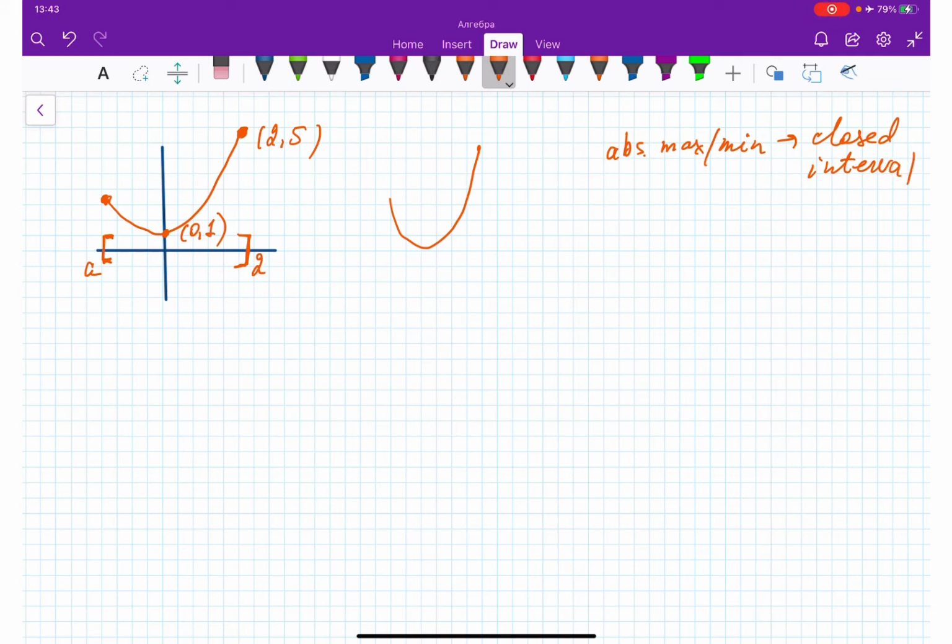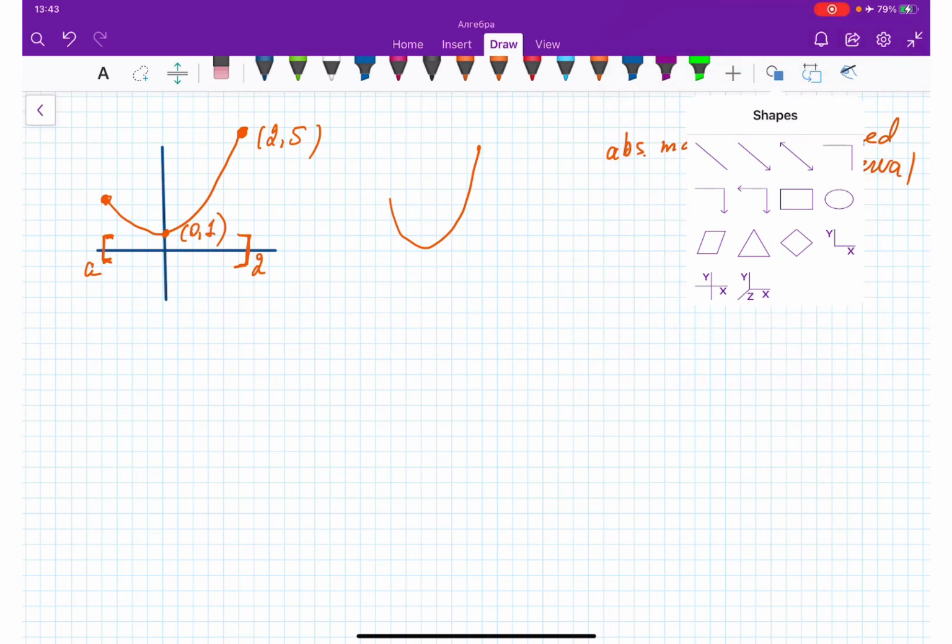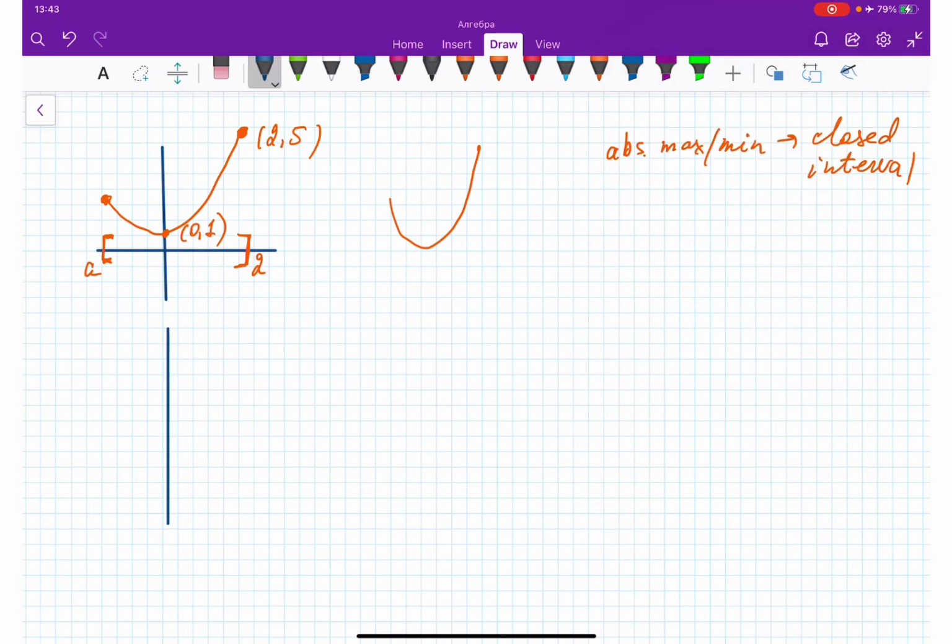Well, maybe it's not precisely a closed interval, rather a limited one. What do I mean by that? Let's say I have a graph like this, the same graph of the same function, but instead of solid points, I have empty circles where the endpoint is not included, right?